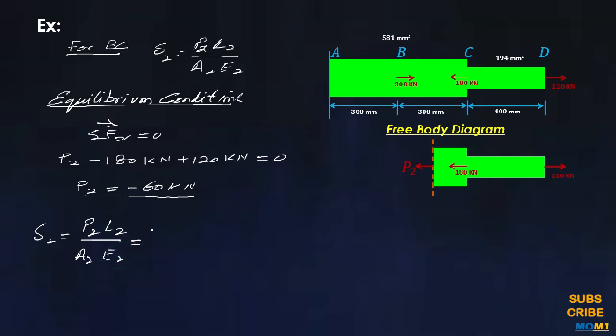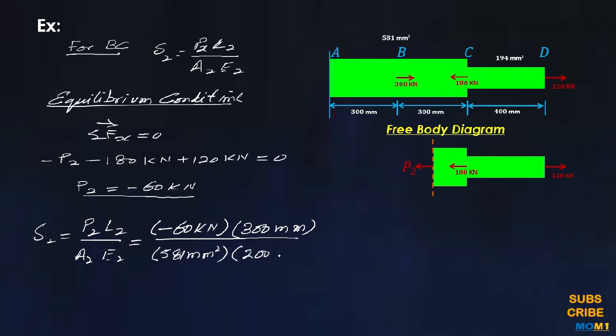So here this P2 is minus 60 kilonewton multiplied with the length, that is 300 millimeter, upon the cross section area of section 2, that is 581 millimeter square, multiplied with the Young's modulus, that is 200 gigapascal.